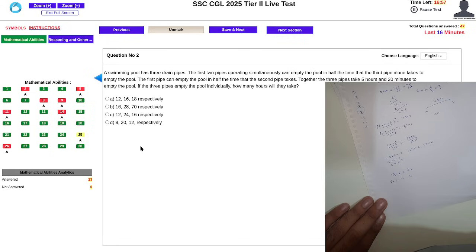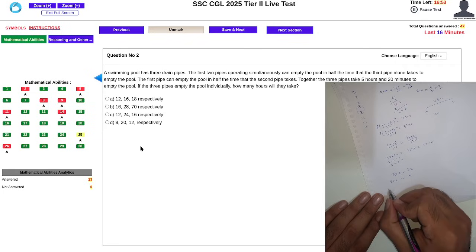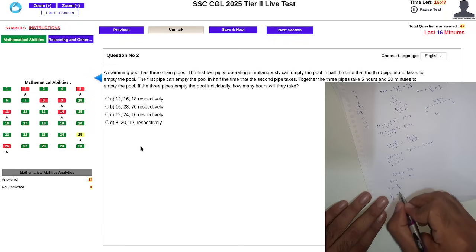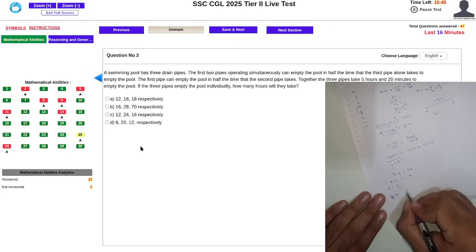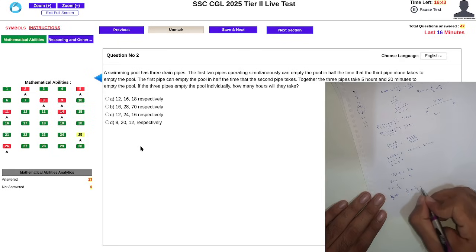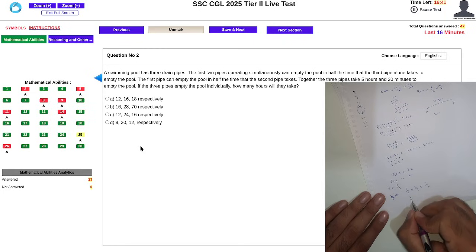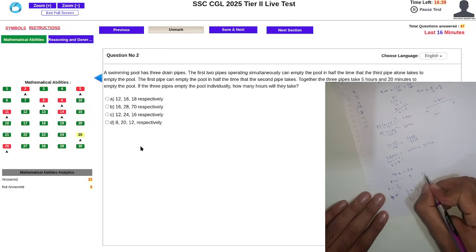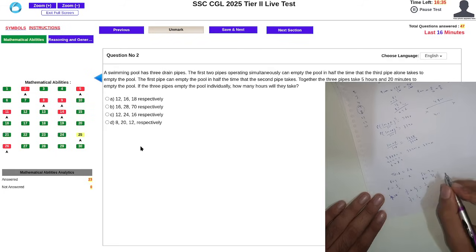The first pipe can empty the pool in half the time that the second pipe takes. तो f is equals to s by 2. 1 by f plus 1 by s, so 2 by s plus 1 by s is equals to 1 by x. 3 upon s equals to 1 by x. S is equals to 3x, f is equals to 3x by 2.